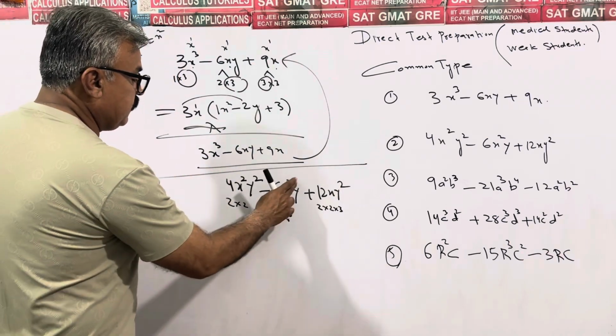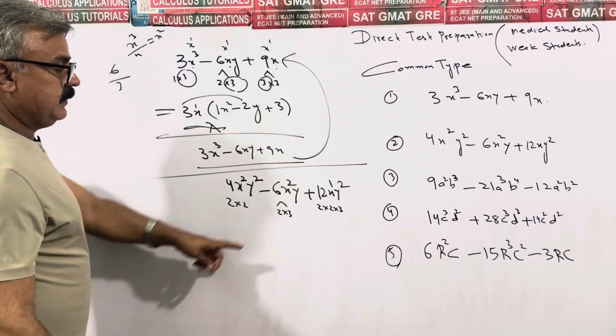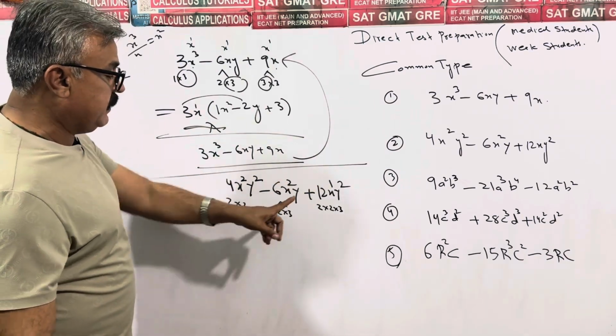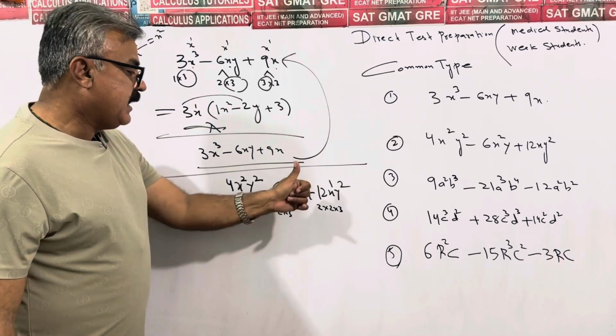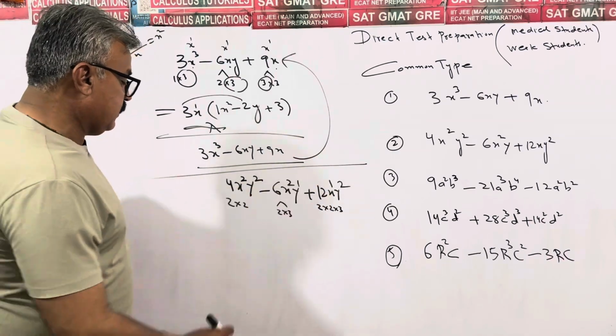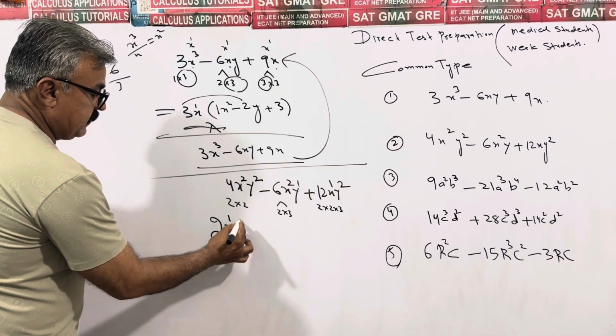From the power point of view, take the minimum power common. Minimum power of x is 1, and minimum power of y is also 1. So 2, x power 1, y power 1 is common.